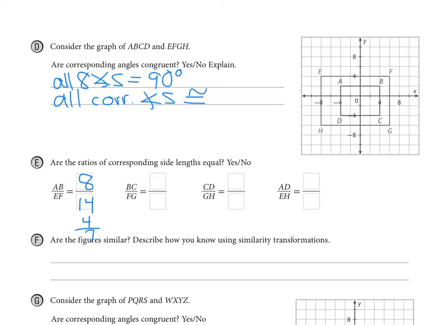If we look at BC to FG, BC's distance is 3 blocks times 2 each, so that's 6. FG's distance is 5 blocks times 2 each, so that's 10. If we simplify that fraction down, then we have 3/5. Now we can go ahead and find these other ratios, CD and GH, but actually, you guys, we can stop right here because we gotta know.